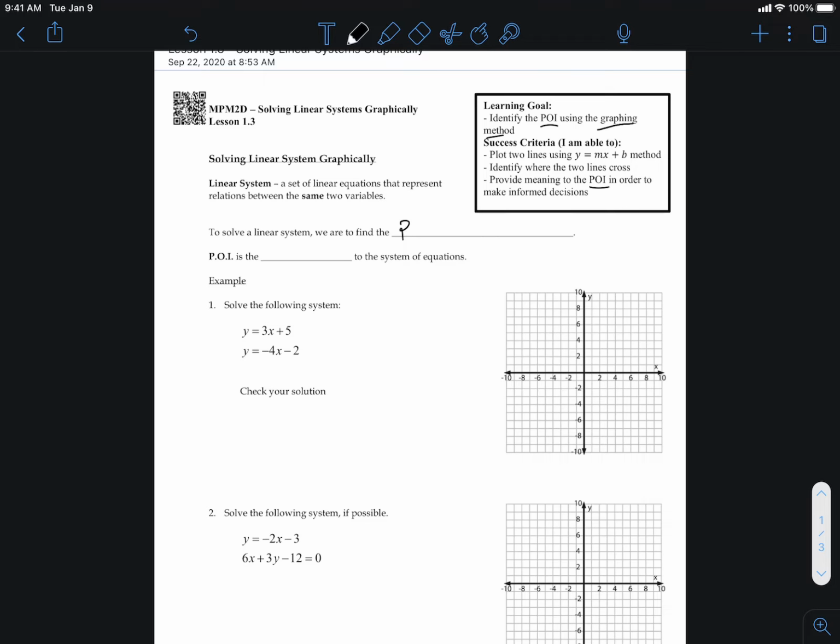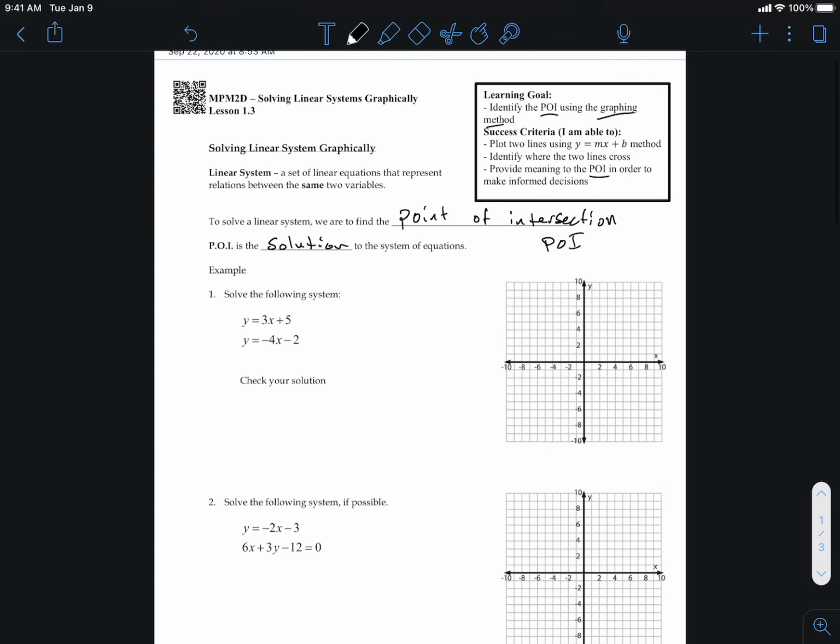It would be nice for you to write this down, point of intersection in full, but I don't expect you to write it every time. You can write POI. The point of intersection is the solution to the system of equations, which makes it very unique relative to the rest of the points on the graph. It's the point that satisfies both equations.